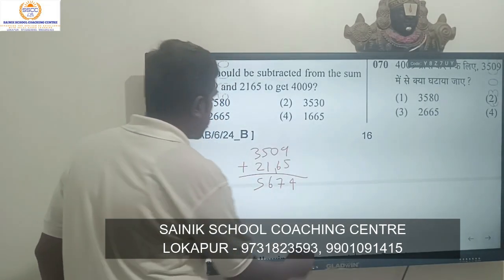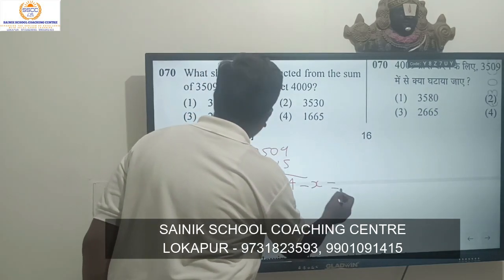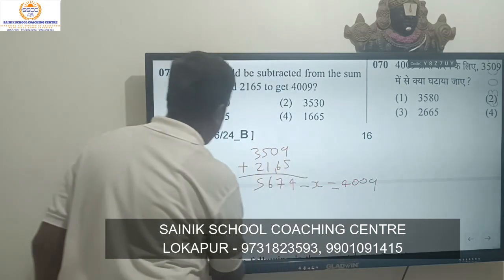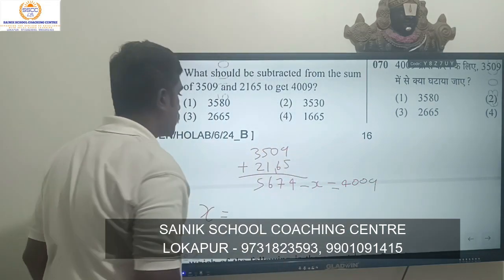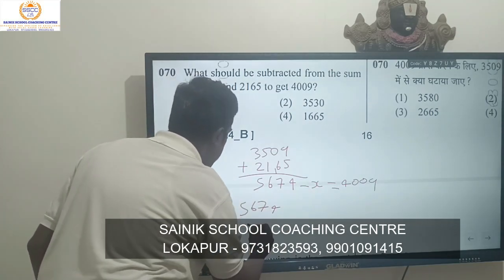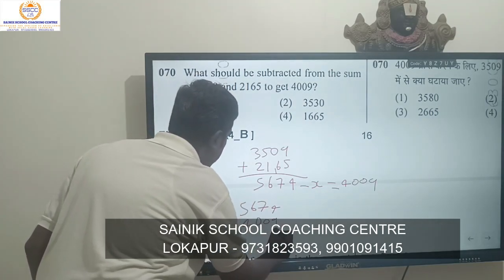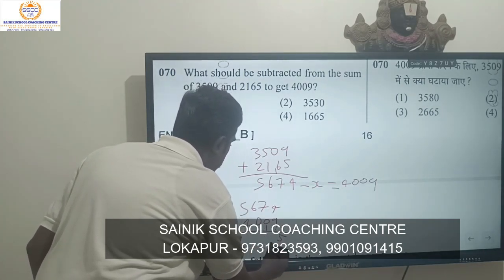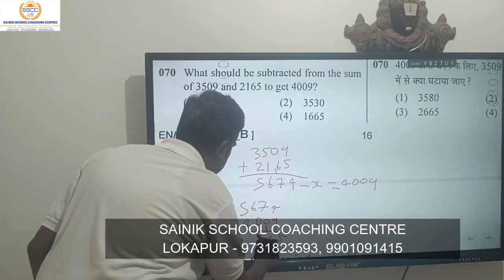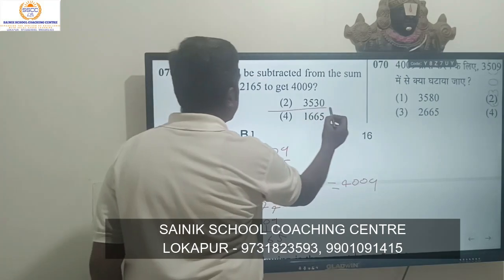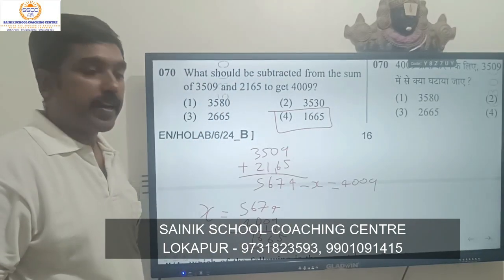So we have to subtract a number from this to get 4009. Therefore, x will be 5674 minus 4009. So what will be the answer? 7 minus 1 will be 6. 1665. Yes, we have it. Option 4, 1665 is the right answer.